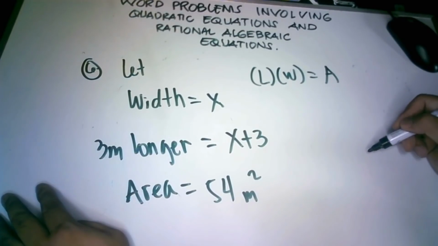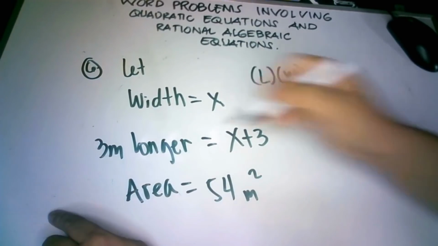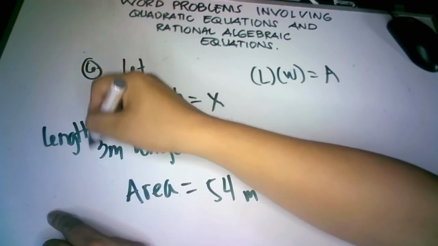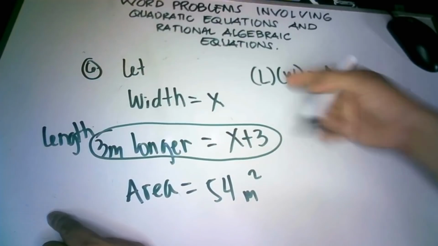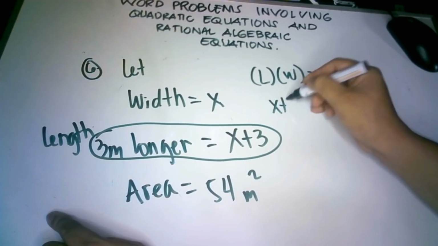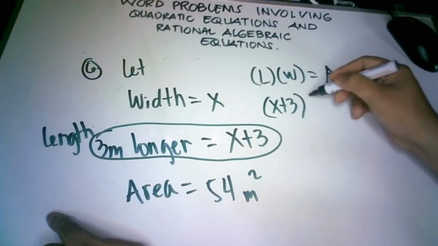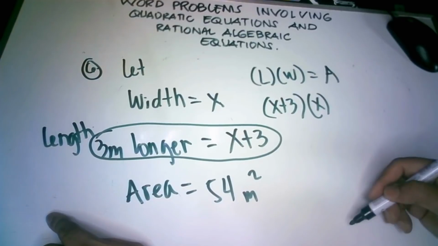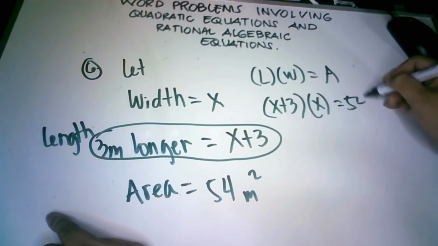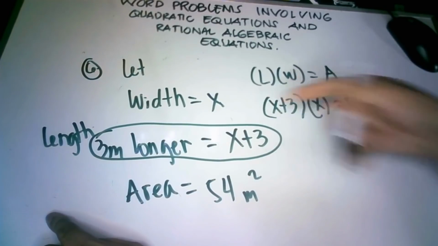So, since our length is x plus 3, we can represent that now as x plus 3 times our width, which is x, so times x. And then our area equals 54. So we just substitute one by one.